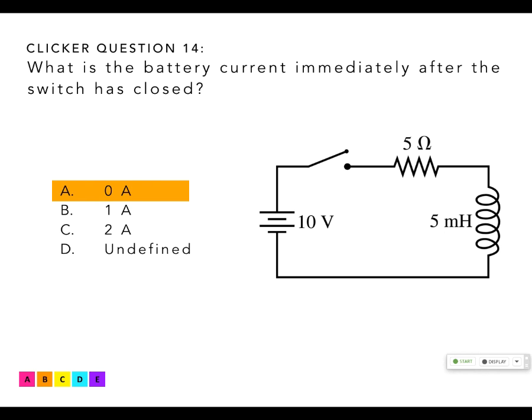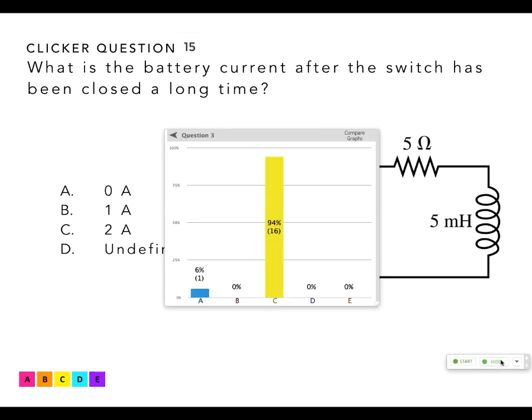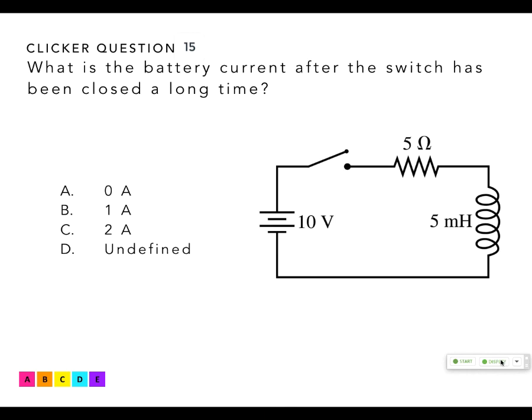Yeah, because once you get to the maximum current, this just acts like a wire. Now you just have a series circuit with a battery and a resistor, and you use Ohm's law. Okay, so you go from 0 current up to 2 amps. Good job. Okay, so yeah, we go from 0 to 2 amps.